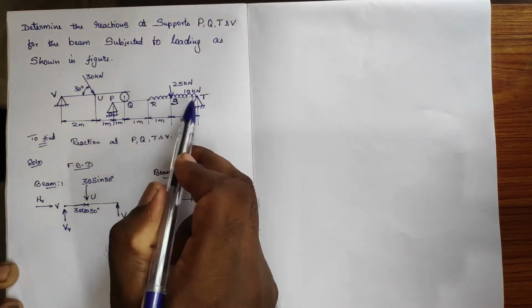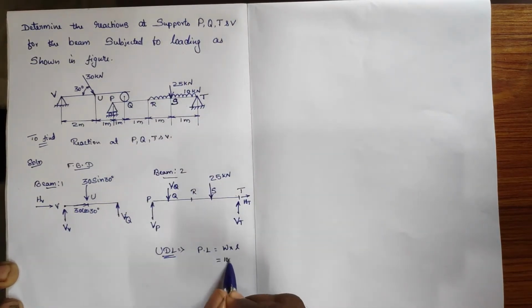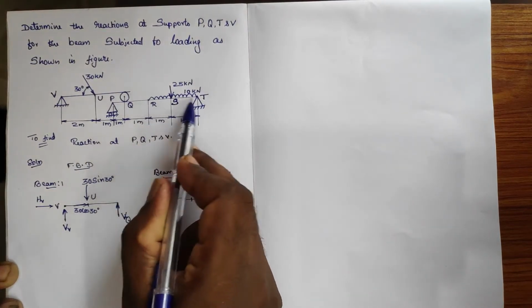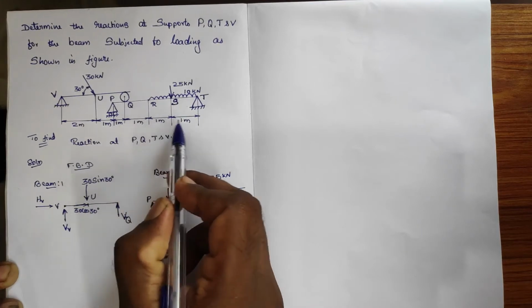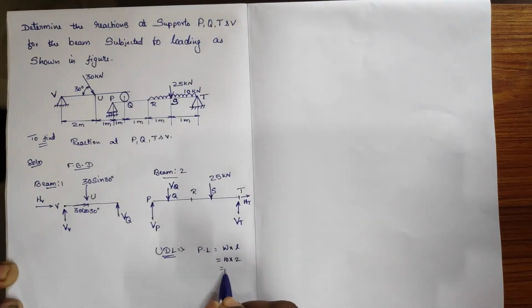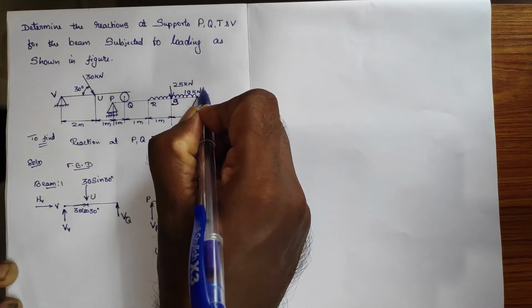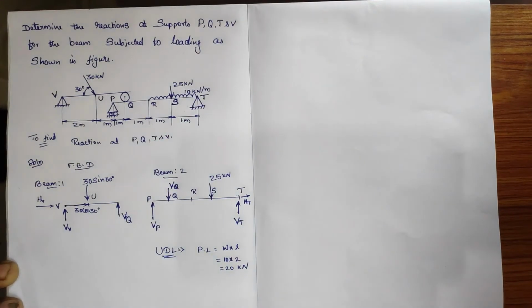So here the intensity of load is 10 kilonewton per meter into its length, R to T, its span of length, 2. So we get 20 kilonewton. Here the unit is kilonewton per meter.